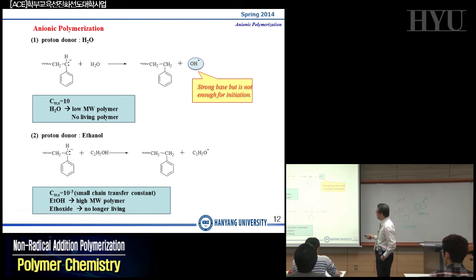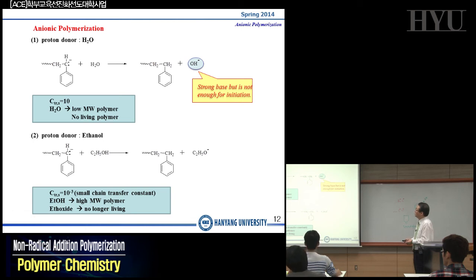Whereas if you have ethanol, you can still have a proton donating group to this carbanion, but this chain transfer constant is about 4 orders of magnitude lower than the chain transfer constant of water.